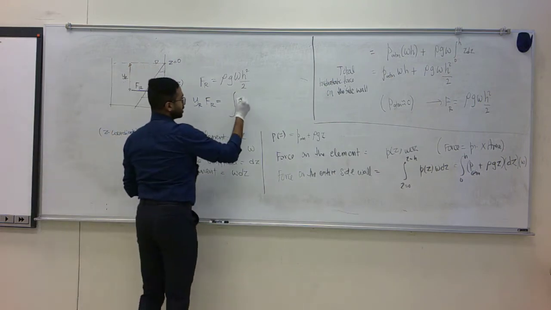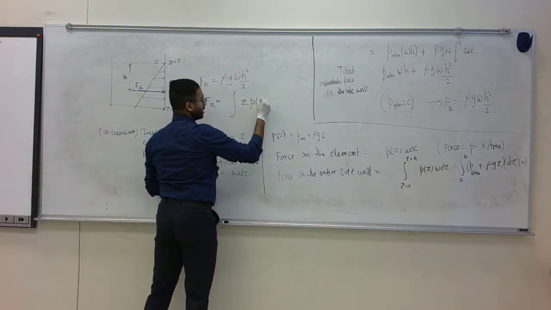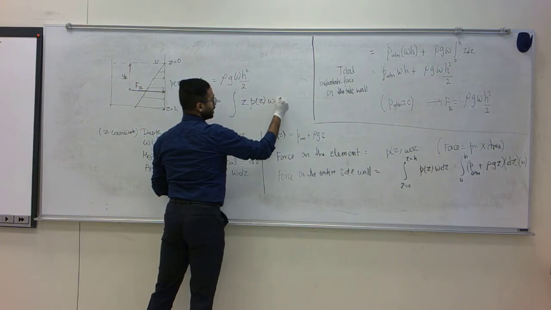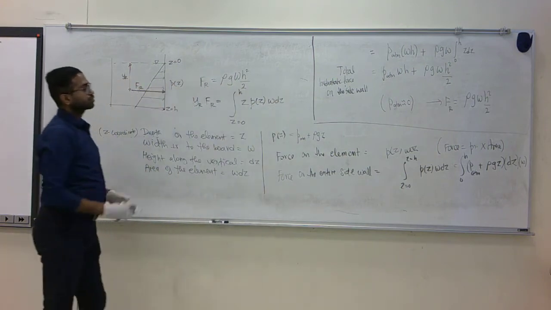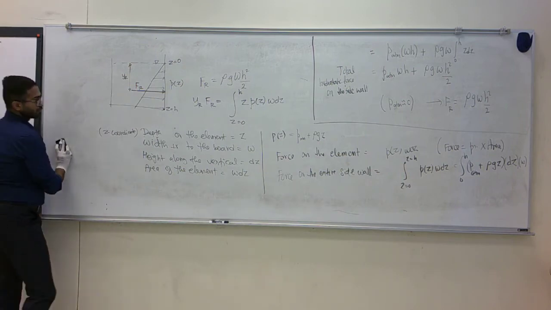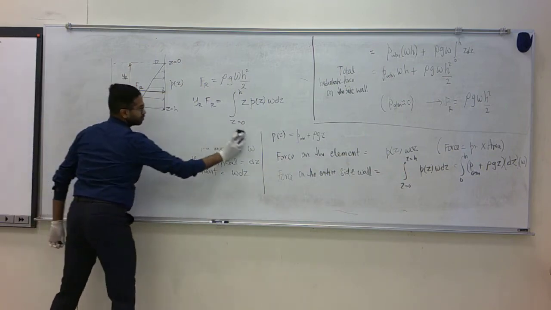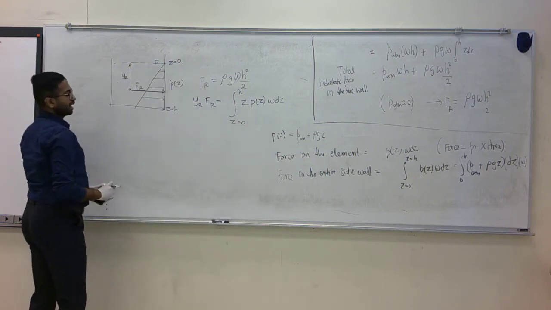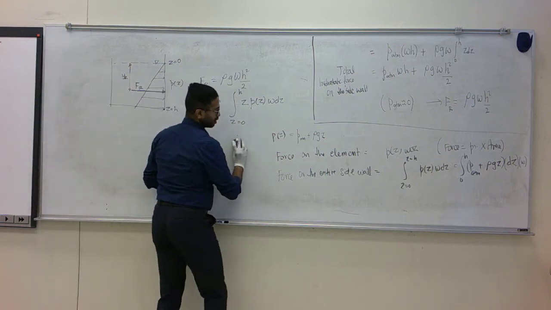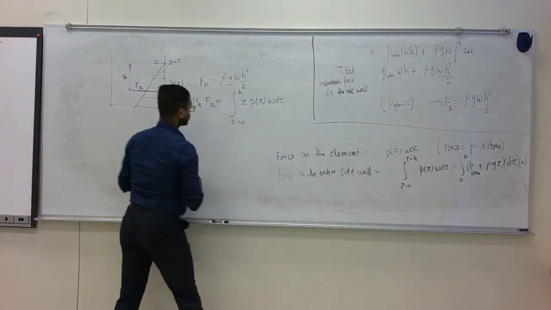So this is Z times P of Z W dZ integrated from 0 to H. So what do I have here?